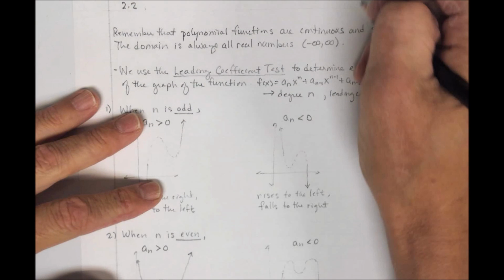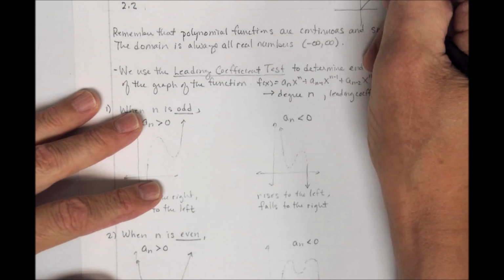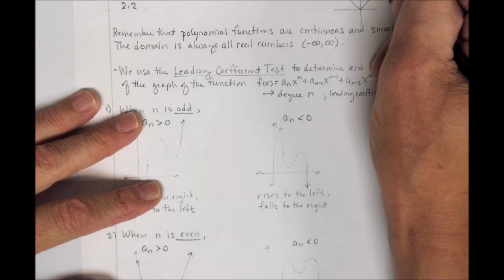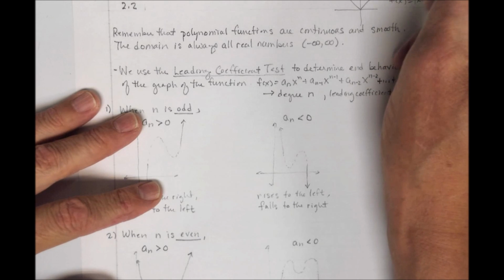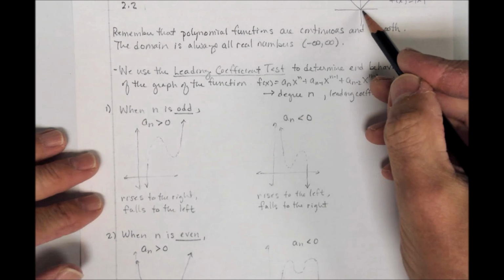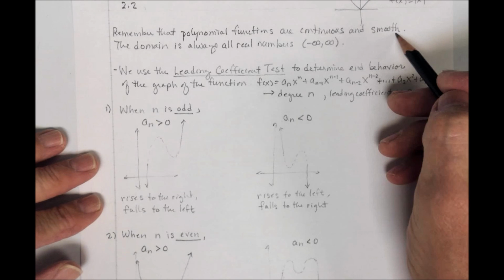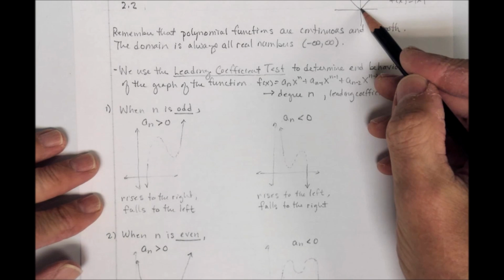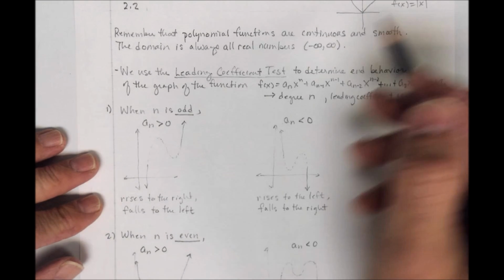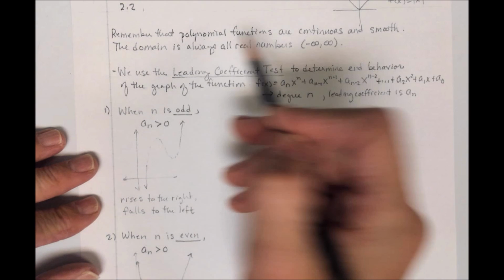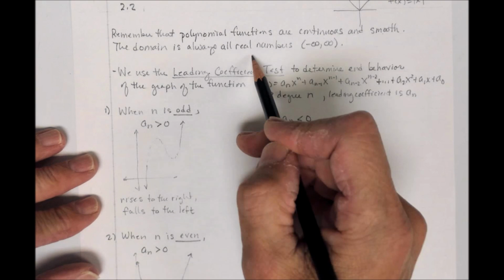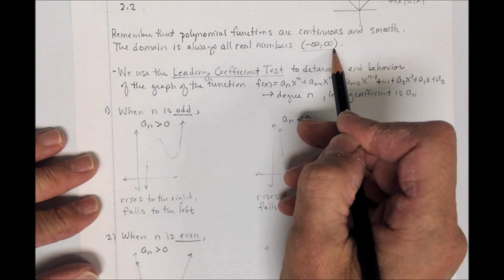You may remember that the absolute value function kind of looks like this, kind of a V shape. That's continuous. There aren't any breaks or holes, but it's not smooth because it has a corner point, or what they call a cusp. And also, polynomial functions are not only continuous and smooth, but the domain is always the set of real numbers.